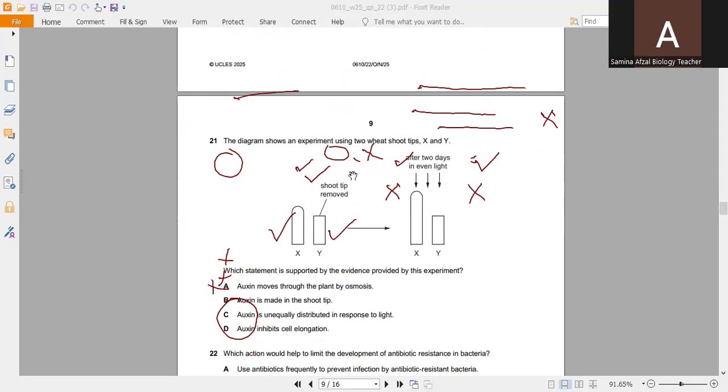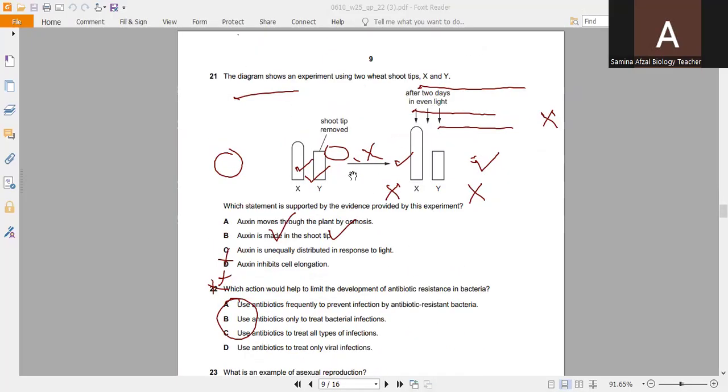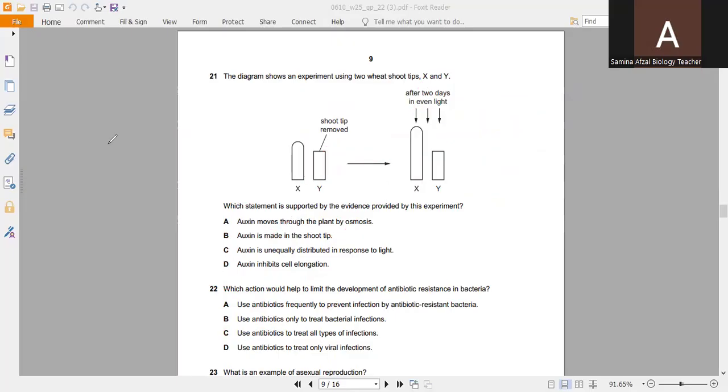Now question number 21 is there, and question number 21 is, the diagram shows an experiment using two wheat shoot tips X and Y. So which statement is supported by the evidence provided by this experiment?